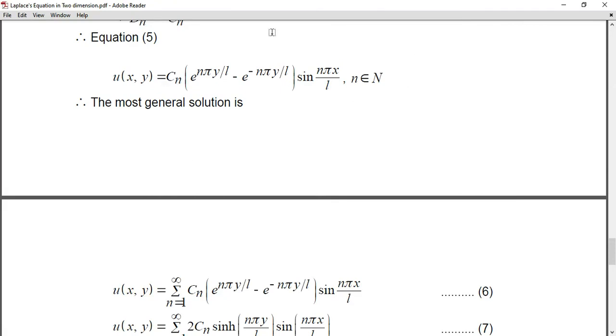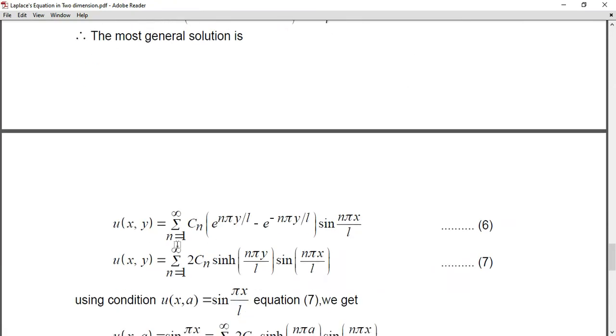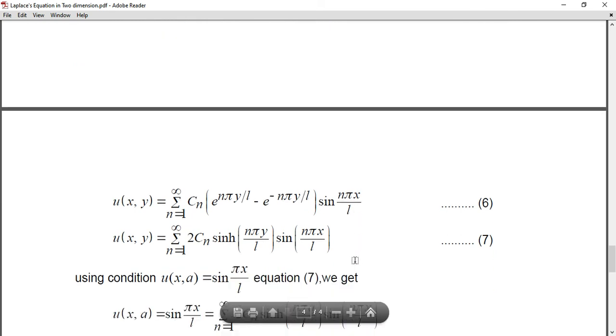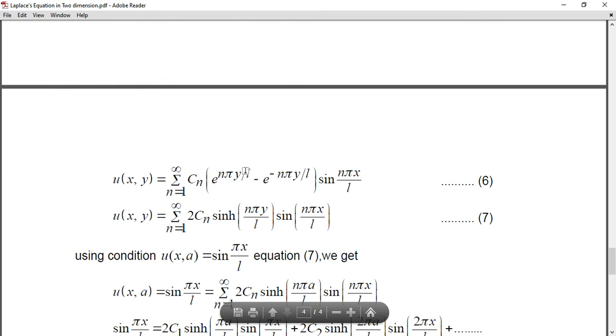So we can write this equation like this: sum over n equals 1 to infinity of c_n (e^(nπy/L) − e^(−nπy/L)) sin(nπx/L). Now, (e^x − e^(−x))/2 is sine hyperbolic x. So we multiply it with 2 and divide by 2. So this equation has sinh(nπy/L).